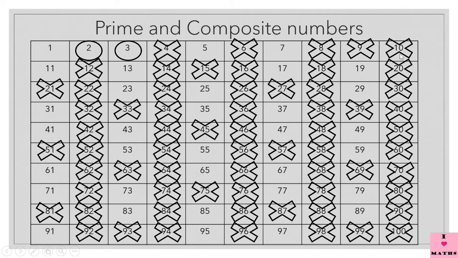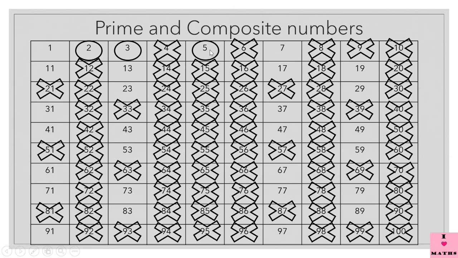Why are they crossed? Because all these numbers come in the table of 2, because all these are even numbers. They have 0 at their ones place. They are multiples of 2 as well as multiples of 5. Okay, let me show you the next step.